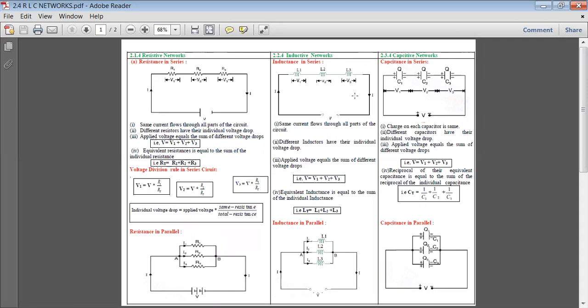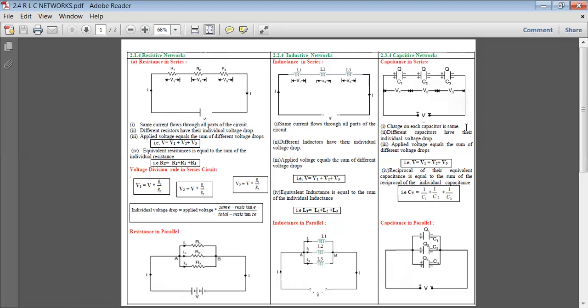Again we get voltage drops V1, V2, V3, and we have to give a supply voltage, or applied voltage. Instead of current, the charge is the same: Q, Q, Q. Instead of calling it current as in resistance in series and inductance in series, now we say the charge on each capacitor is the same.